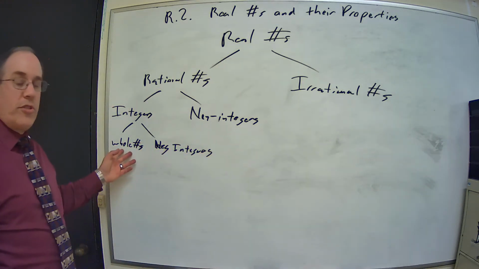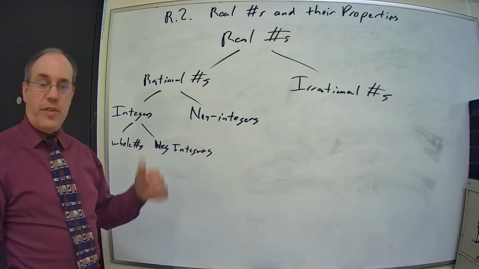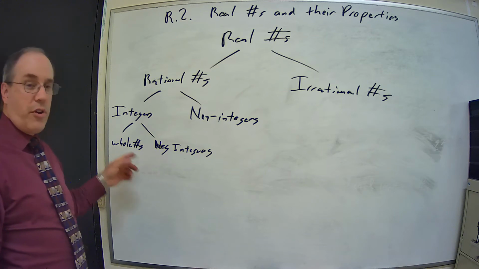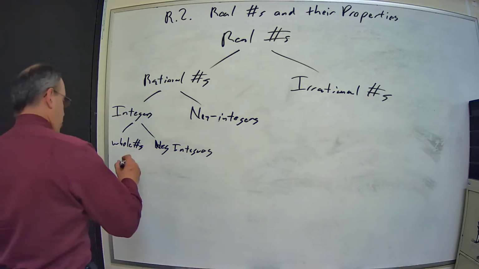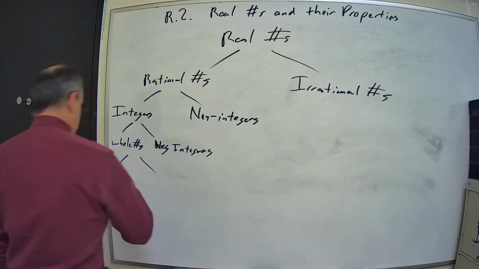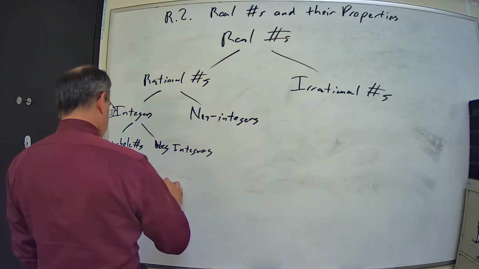Right, whole numbers are 0, 1, 2, 3, 4, 5, 6. Negative integers comes for everything else. So whole numbers are your non-negative integers. And then your whole numbers can be split into 0 and your natural numbers.